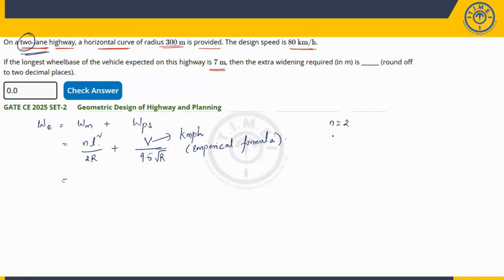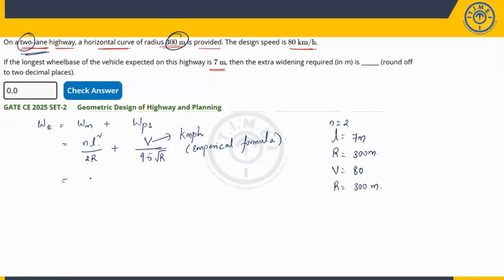L is the length of longest wheelbase, 7 meter. R is the radius of horizontal curve, because we provide extra widening only at the places of curves. And V is design speed, as I told you in kmph, therefore V is 80. And R is in meter, 300.